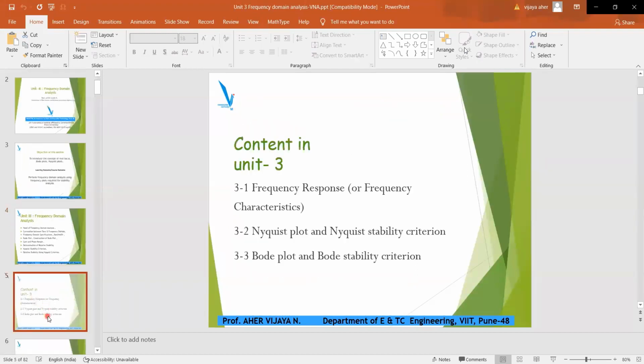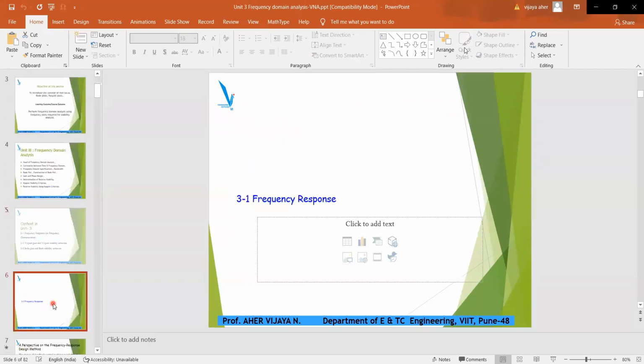So these are the contents you are going to study, in short. Now, the very first is frequency response. What is the meaning of frequency response? You might have studied frequency response related to your amplifier circuit in second year, first semester. You observed the frequency response of a common emitter amplifier. So what is frequency response?